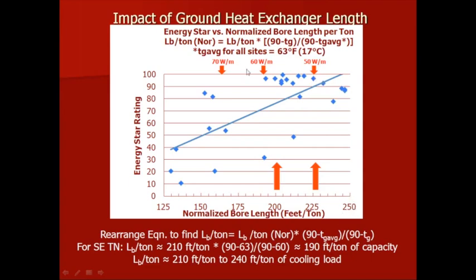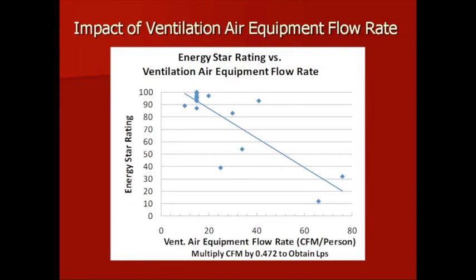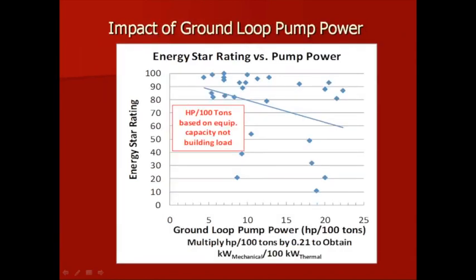And up here at the top, you see I've got the metric equivalence, which is an inverse. So typically, you might see optimum around 60 watts per meter in many parts of Europe. Another thing, a lot of times these buildings had an excess amount of outside air, so that affected the Energy Star rating when we had equipment with very large outside air distribution systems.